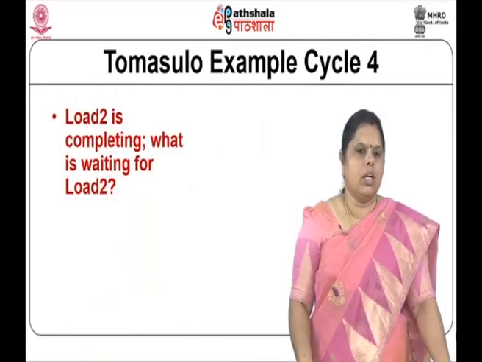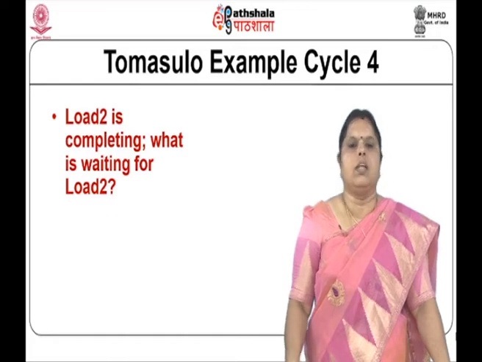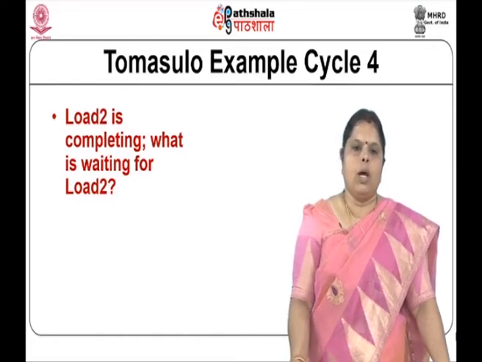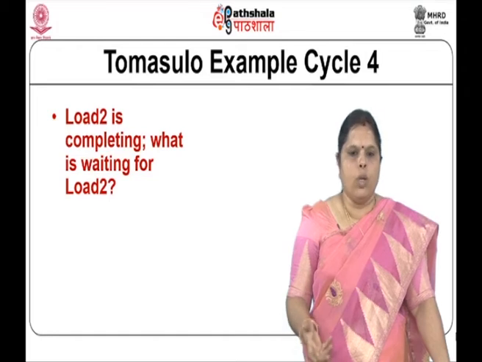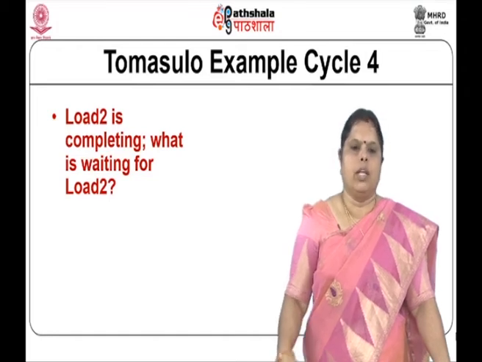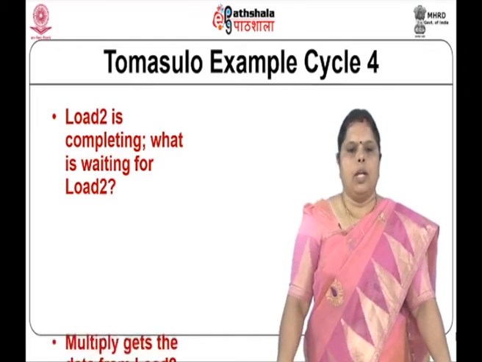You know that in clock cycle 4, load 2 is completing. So, what are the instructions waiting for load 2? Both your mul instruction as well as the sub instruction are waiting for load 2. When load 2 writes the result, they will take the result from the common data bus.